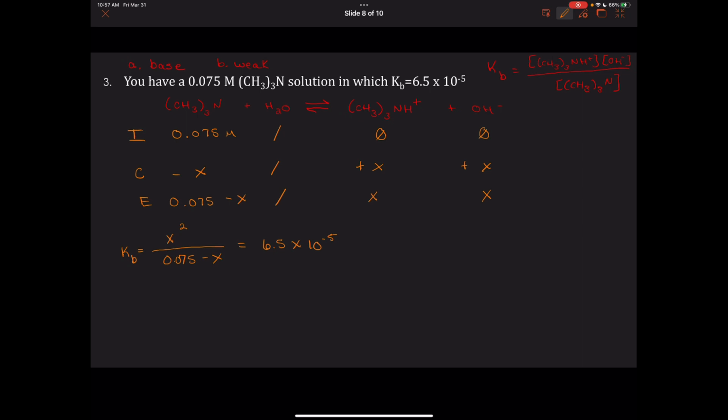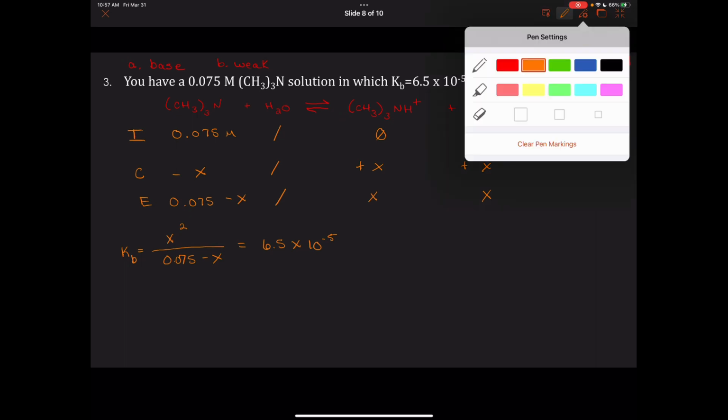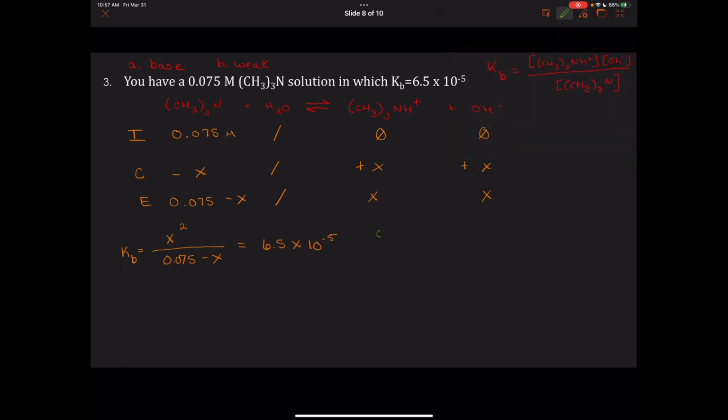Just like before, we're going to check for X negligibility. So we're going to take our K, and divide it by our initial concentration.